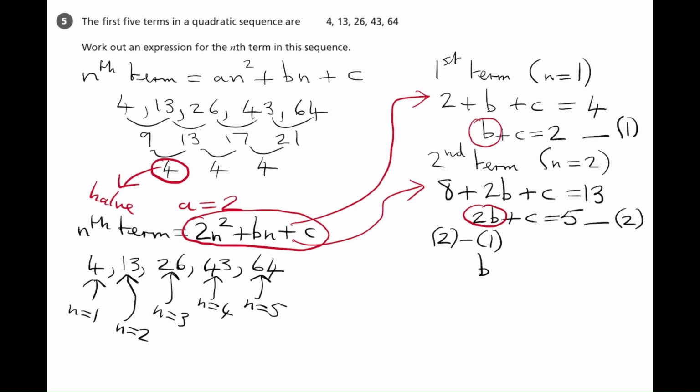We have plus c in equation 2, and we subtract plus c in equation 1, so that will vanish, equals 0. Then we have the equals. Then we have the number 5, and we're going to subtract 2, so that will leave us 3. So we have our b value.